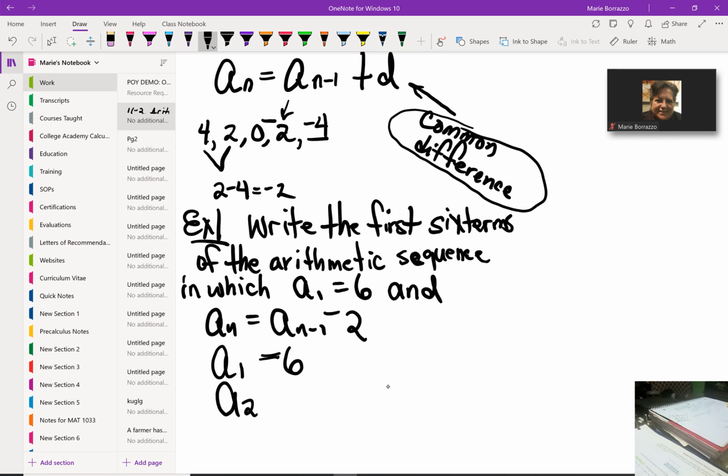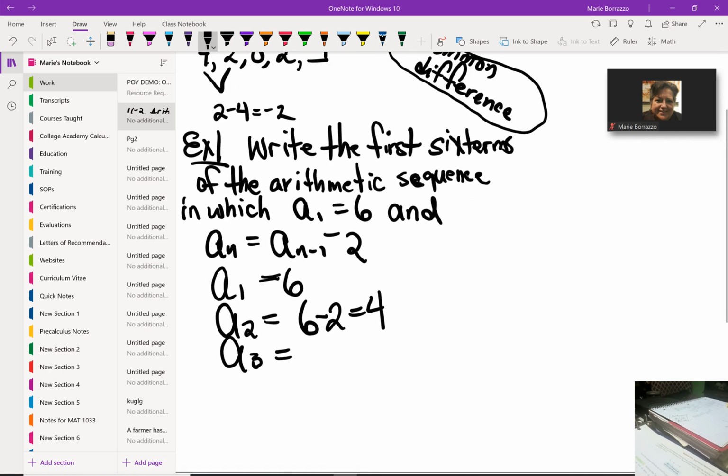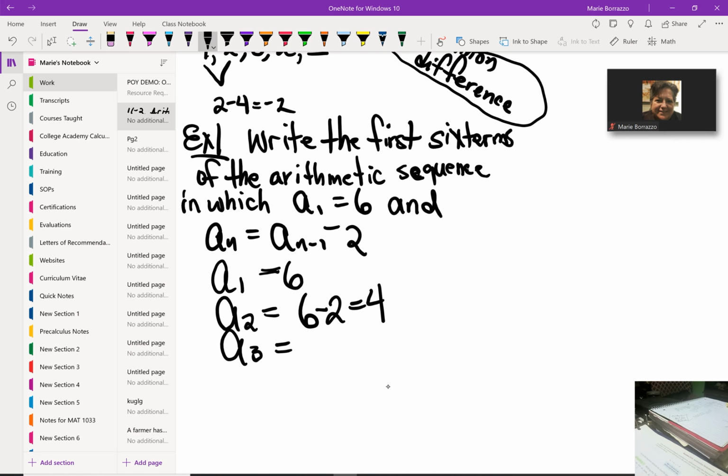Here's a sub 2, which is 6 minus 2, which is equal to 4. The next term will be a sub 3, which is 4 minus 2, giving us 2.